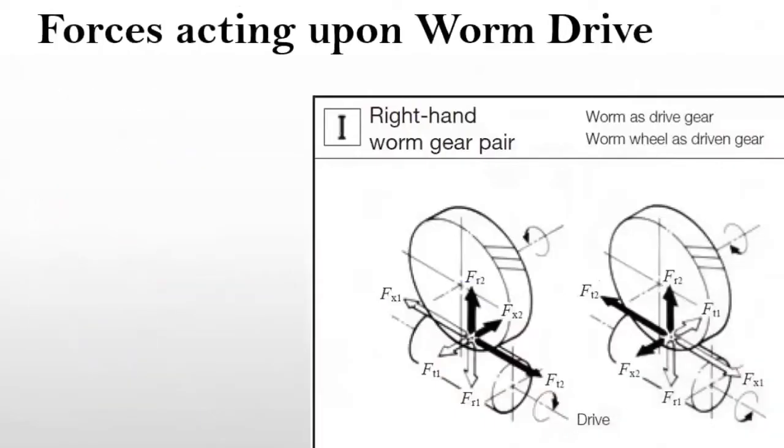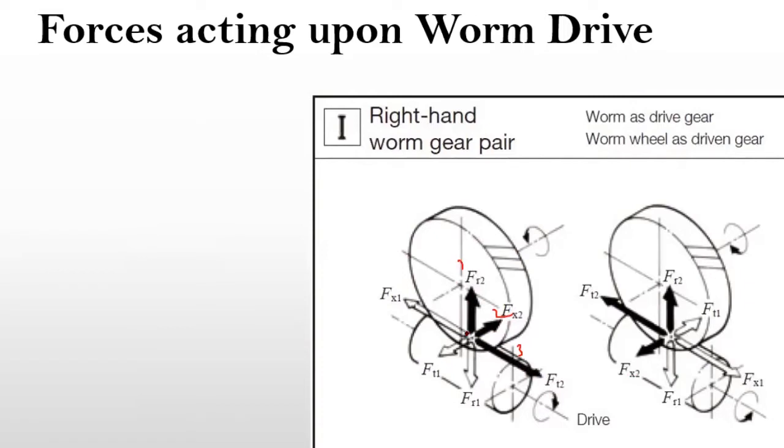Now we are going to look at the forces acting upon the worm drive. This is the worm, and this one is the wheel. Normally, on the wheel there is an axial force Fx2, a radial force Fr2, and a tangential force Ft2. These three forces act upon the wheel.